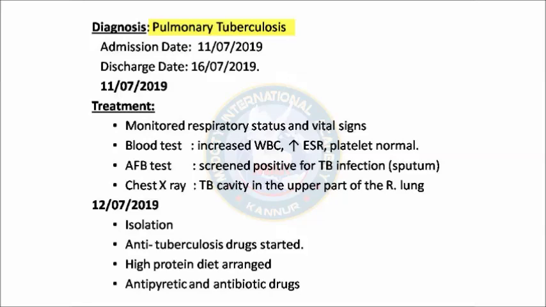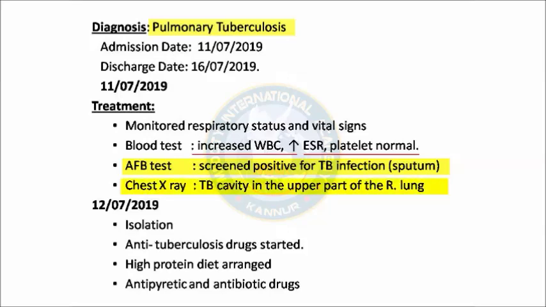examinations, blood test, and increased white blood count cells have been seen, increased ESR is noted, and his AFB test is positive as you see in the case note. Sputum test is done and AFB test is done.